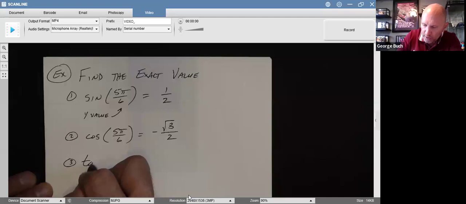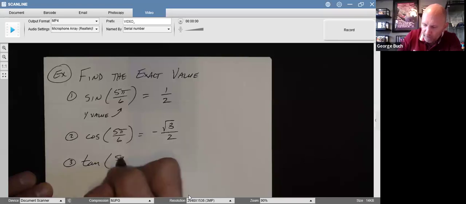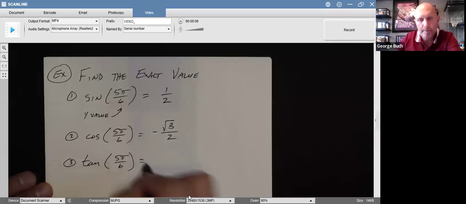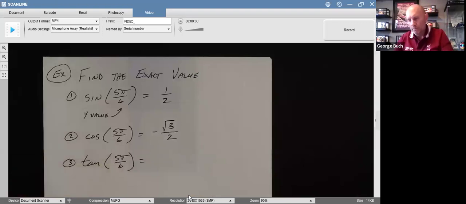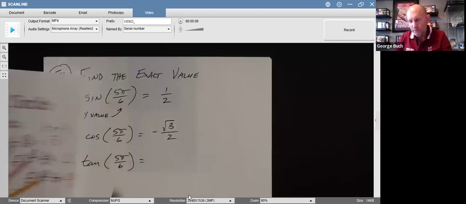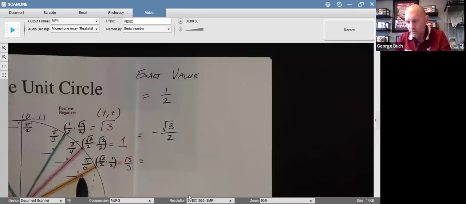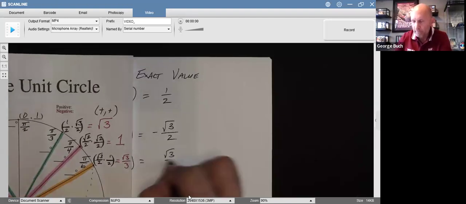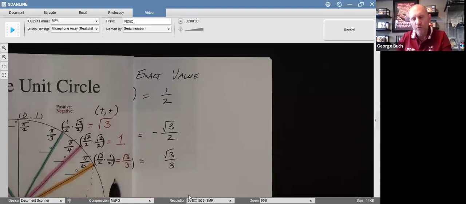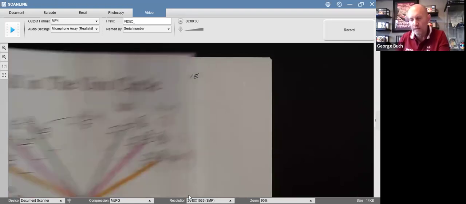How about tangent of 5 pi over 6? All right, well, 5 pi over 6, the reference number is pi over 6. So if I look at my unit circle, pi over 6, that tangent value is root 3 over 3. And in quadrant 2, all students take calculus.